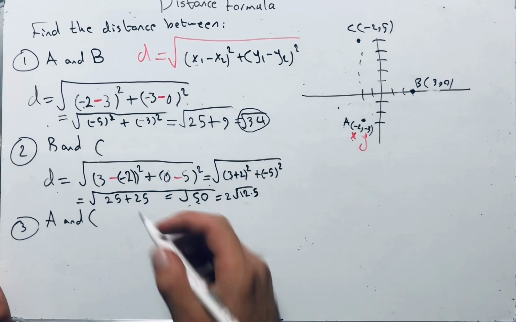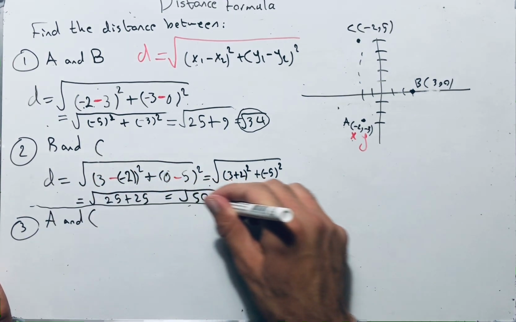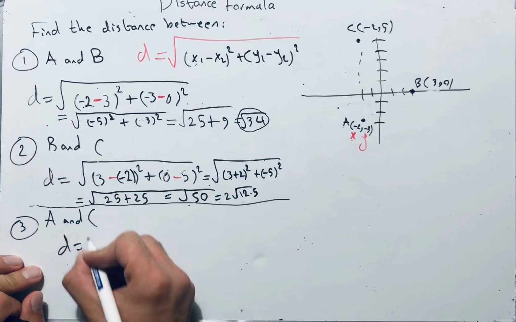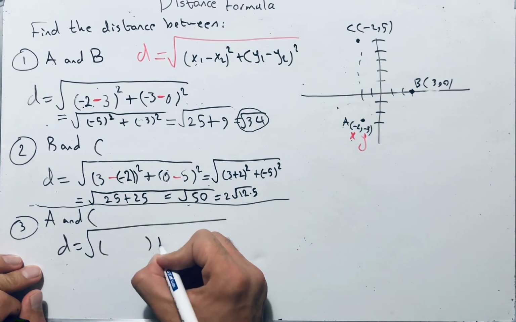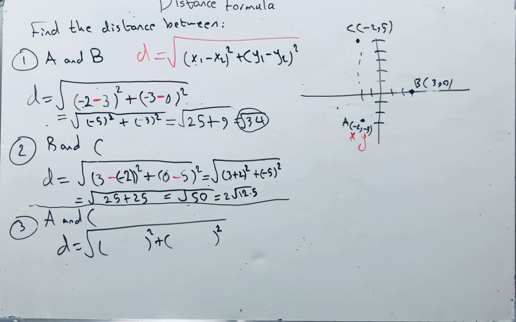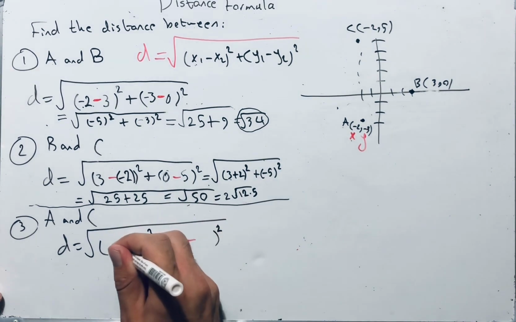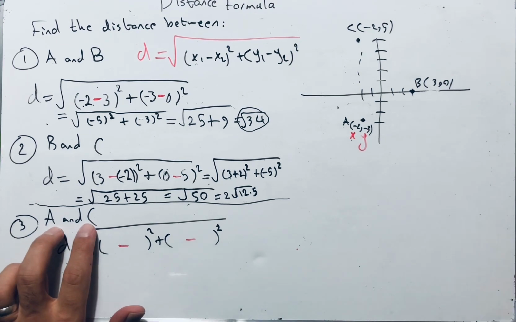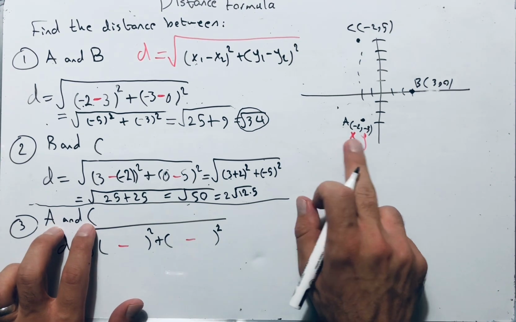So the last one, for A and C. D is equal to the square root of, we're going to have 2 brackets and then all squared. And then we don't forget about the minus signs. So now A and C. x1 for A is what?